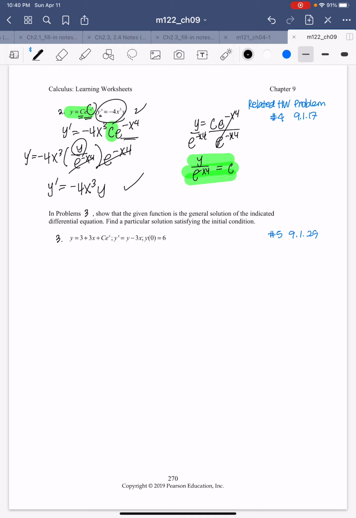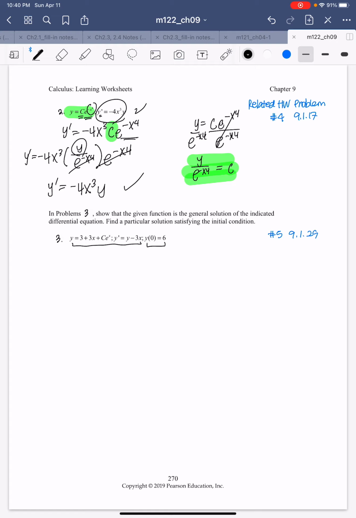Okay. Now our last problem has another condition. So 1 and 2 only had this part given, and then number 3 is giving extra information. We have a point: the x value is 0, then the y function is 6. This is what it means, 0 and then 6, input and output.